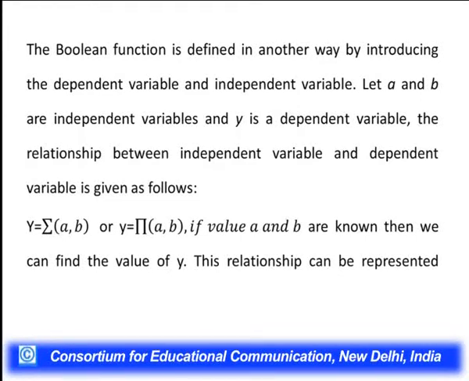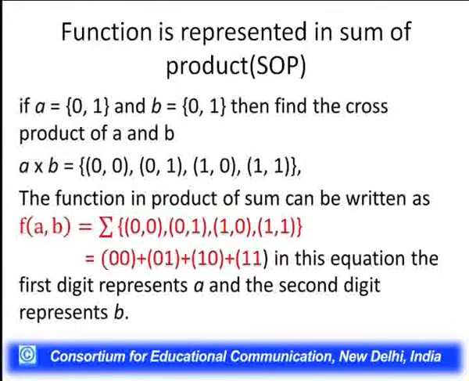If the values of a and b are known, then we can find the value of y. This relationship can be represented like here, some function represented in the sum of products.